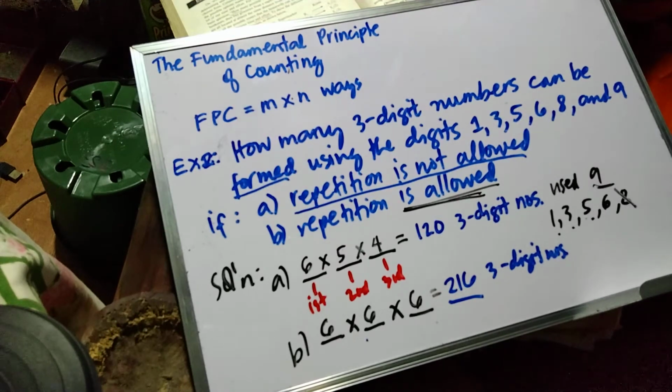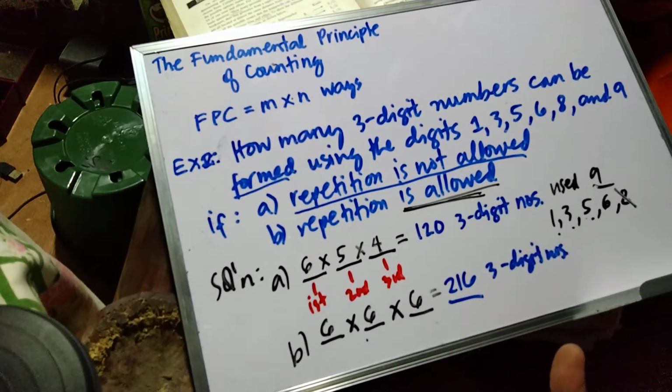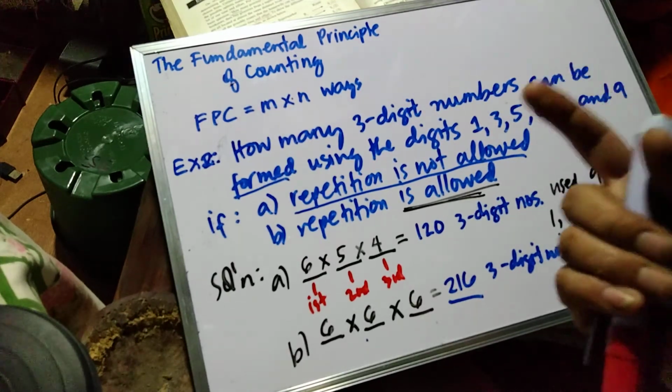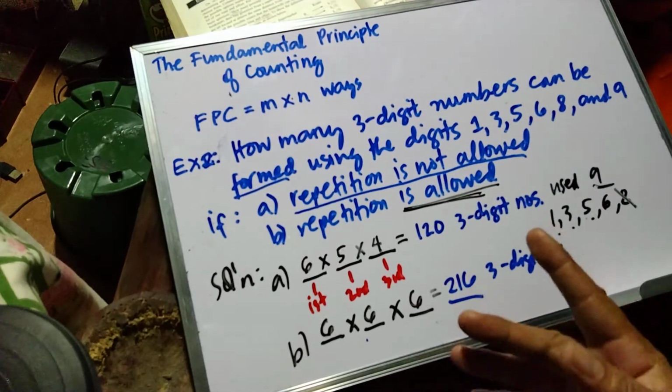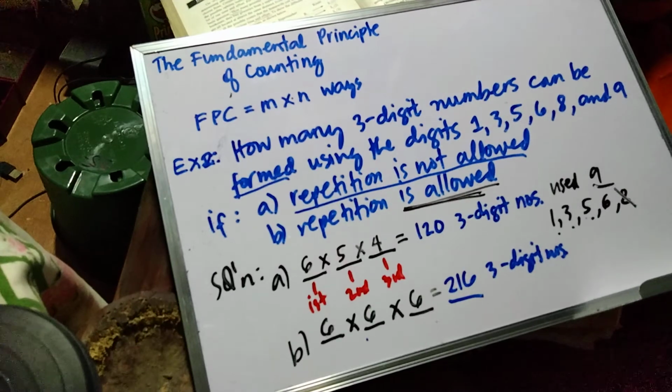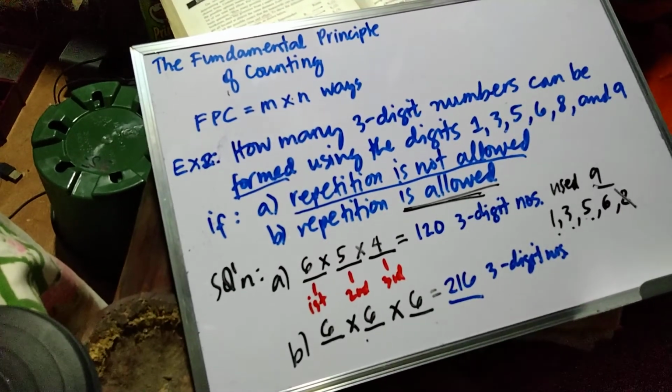So if repetition is allowed, there are many more numbers that can be generated. Okay, so this is our example number 2. I hope you understood, okay?